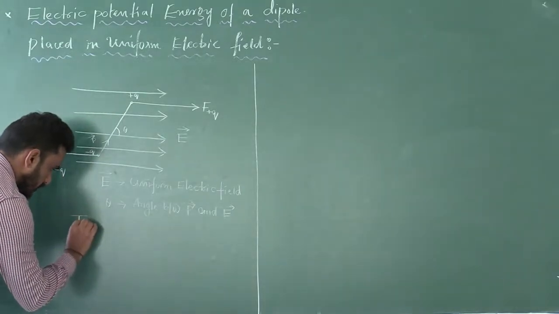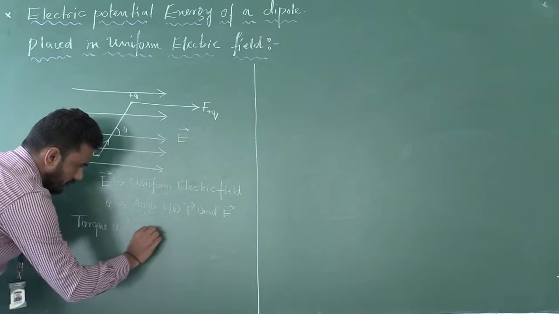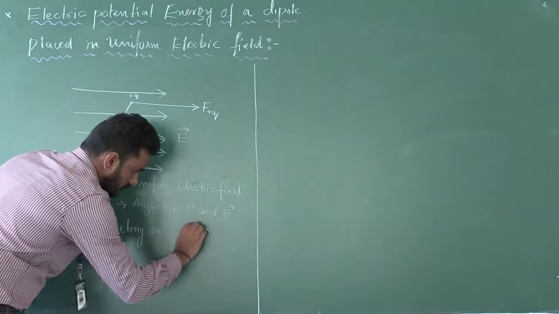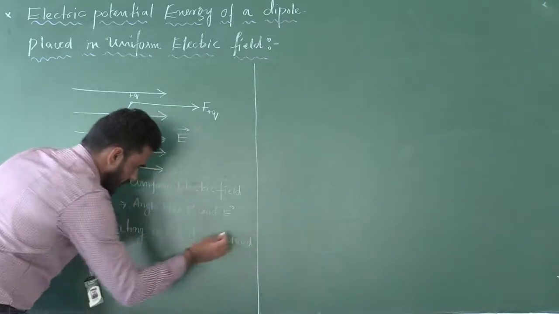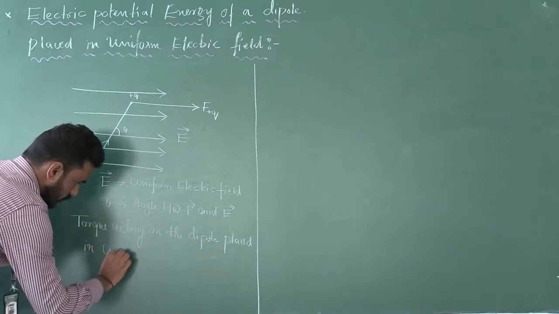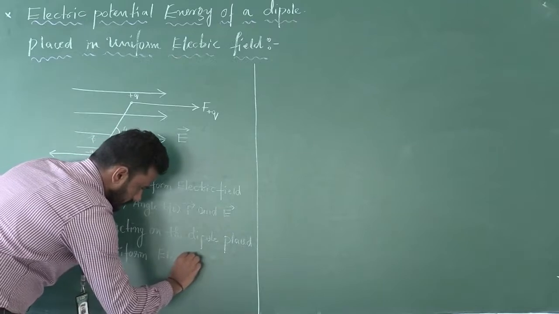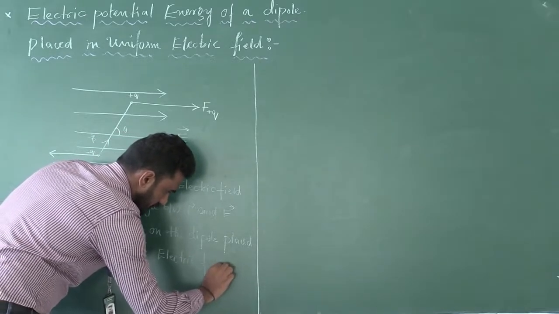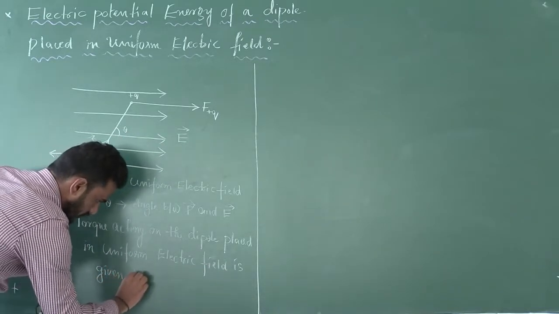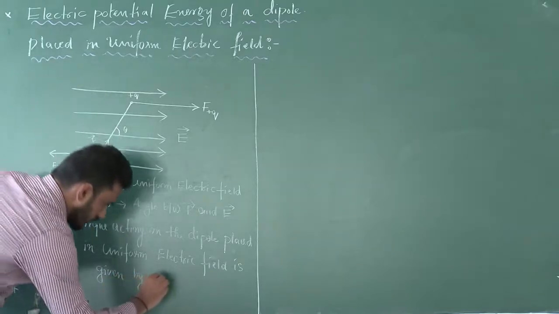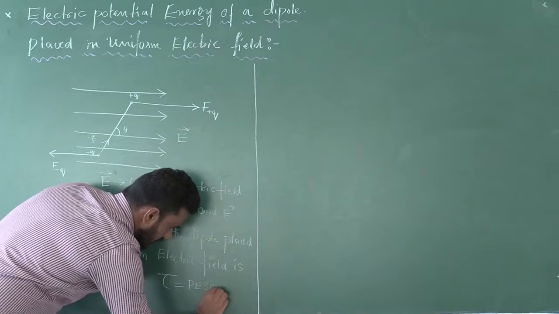So torque acting on the dipole placed in uniform electric field is given by, we have an equation for the torque, that is tau is equal to PE sin theta.